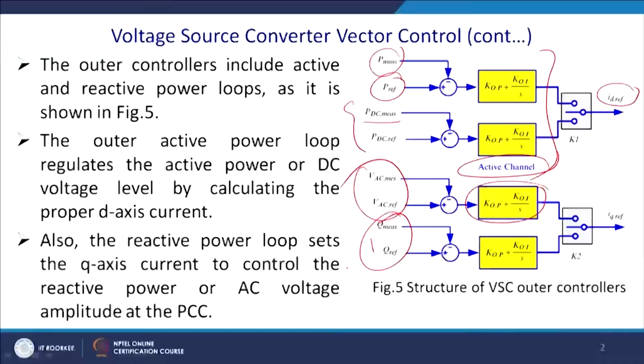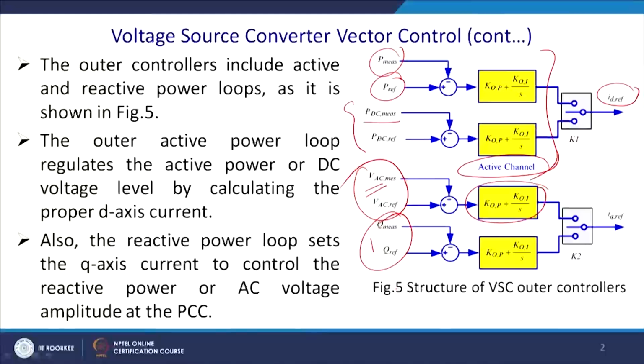Otherwise, if your voltage is not healthy, you cannot control your reactive power flow, because your priority will be to maintain the DC link voltage. So in case of voltage disturbance on the AC side, you mostly cannot maintain the reactive power. But assuming that it is healthy, you can control the reactive power flow from the AC side.